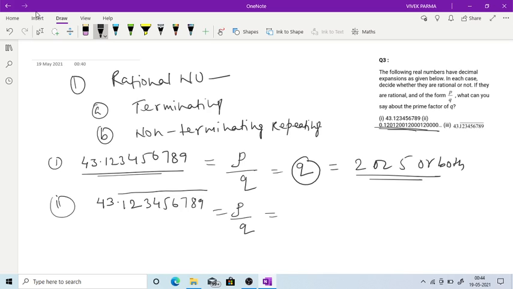Why? Because the decimal expansion of this is non-terminating repeating. That's why the factors of q will be other than 2 or 5, right?